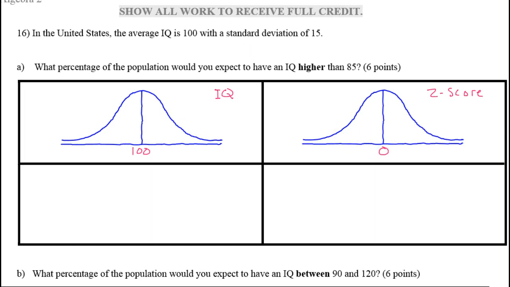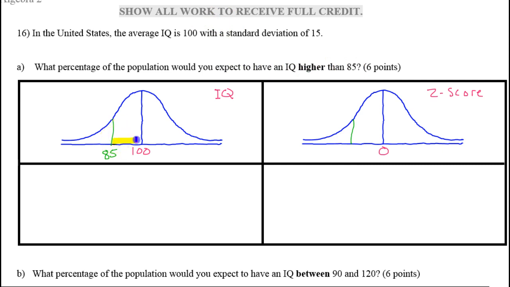Now, what do they want? Higher than 85. Well, 85 is below average, so I'm going to put that 85 over here on the left side. And I'm going to put a similar line right here, even though I don't know the z-score yet. Let's see, IQ higher than 85.